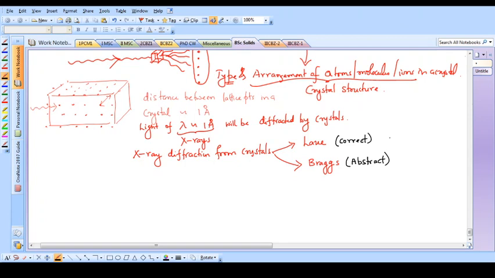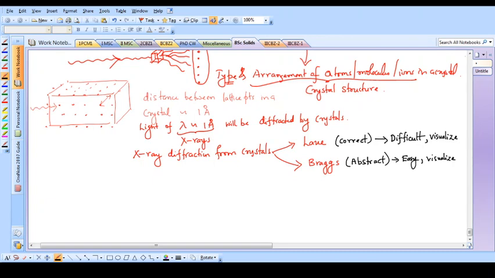But why do we use it? Because Laue's approach is very difficult. Mathematically, it is very difficult to treat Laue's approach, and it is also very difficult to visualize or imagine the diffraction by Laue's approach. So we depend on Bragg's approach, which is very easy to understand. Even though it is not the correct approach, it is very easy to understand, and it is also easy to visualize the process by this approach.